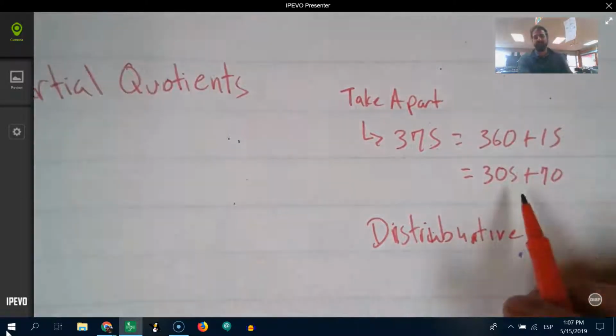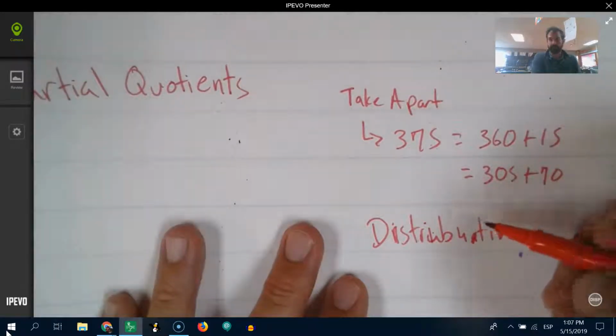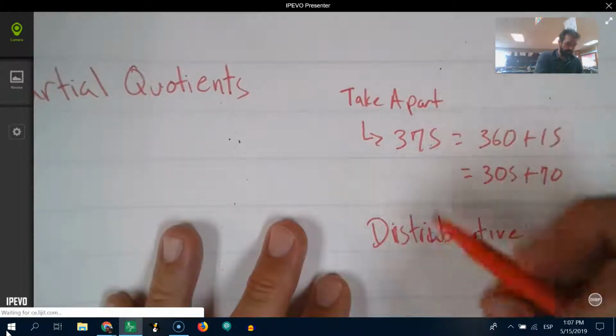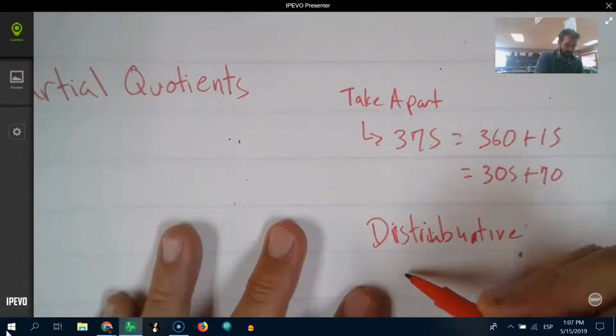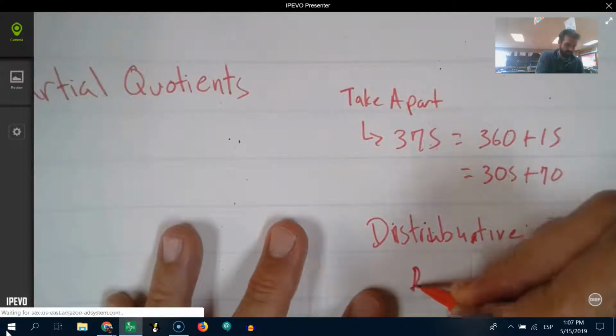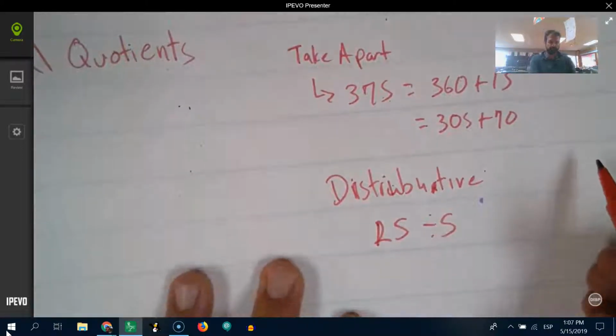The distributive property tells us that it's both in multiplication and addition. It's in all good things. Why don't we do something like this? 25 divided by 5. We know that equals 5, right?